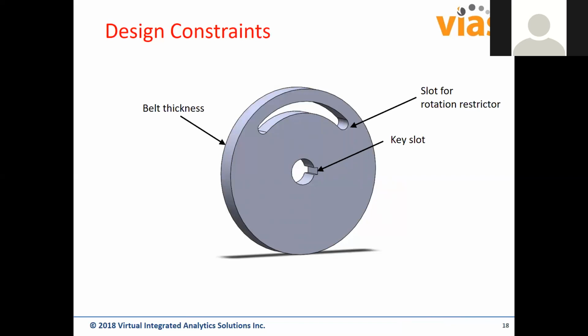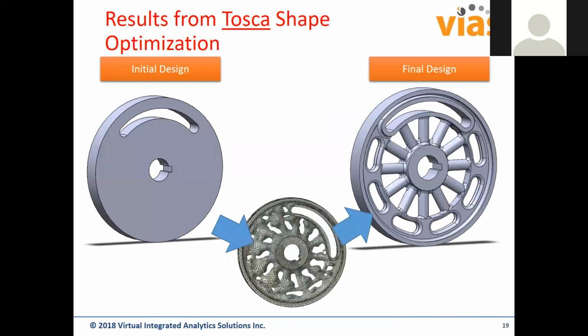So we're going to show you what kind of results you can get from a shape optimization in this specific case. We have the initial design on the left, and what you see over here in the center image is the digitally optimized result that you get from your Tosca simulations.